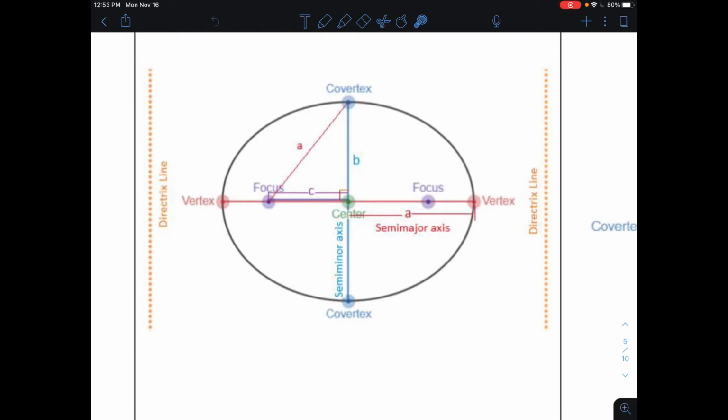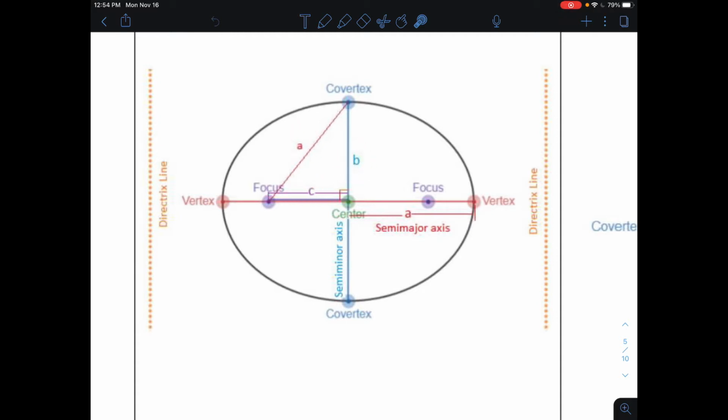If I compare the distance from the center to a co-vertex and the center to a focus, which we're going to represent as the constant c, we have a right triangle with a hypotenuse of a, because the distance from the co-vertex to the focus is the same as the distance from the center to the vertex. And I can set up a Pythagorean relation where a squared is equal to b squared plus c squared.